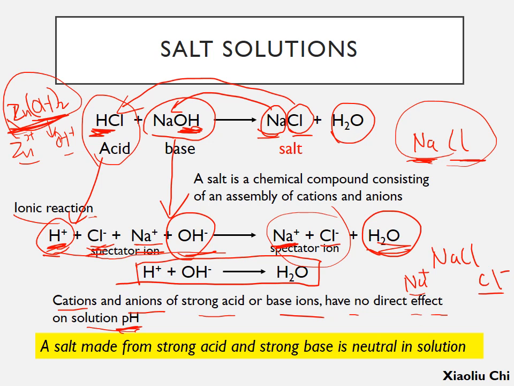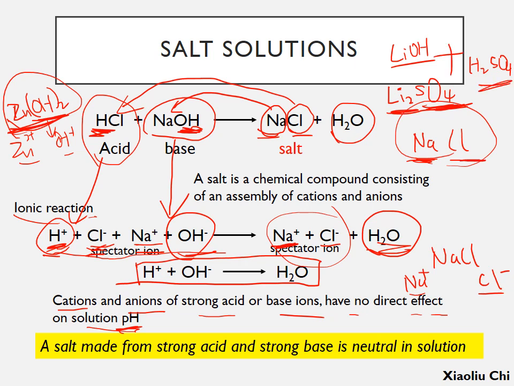It's just pure water. It's a neutral solution. Okay, another example, let's say lithium sulfate. Remember lithium is a group 1 cation, so this comes from lithium hydroxide, which is a strong base. And the sulfate, remember the list of strong acids, comes from sulfuric acid.